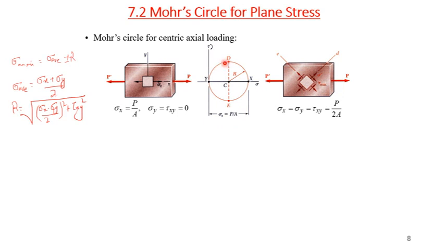Over here, we have the maximum shear stress value, and that is equal to what? Half the value, that is equal to the radius, P by 2A or sigma x by 2, right? Now this angle is how much? This angle is 90 degrees.